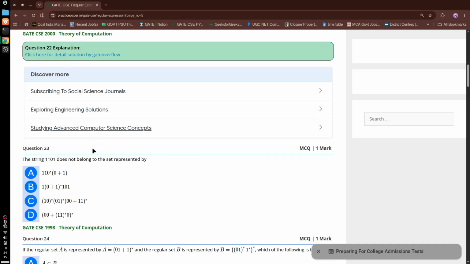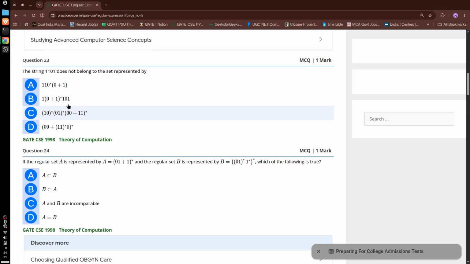Okay, next, 1101 does not belong to the set. Which one of the regular expressions does not contain this string? So this one has it, this one also has it, because with 1101 we can see, without even trying to decode too much, does it make 110?